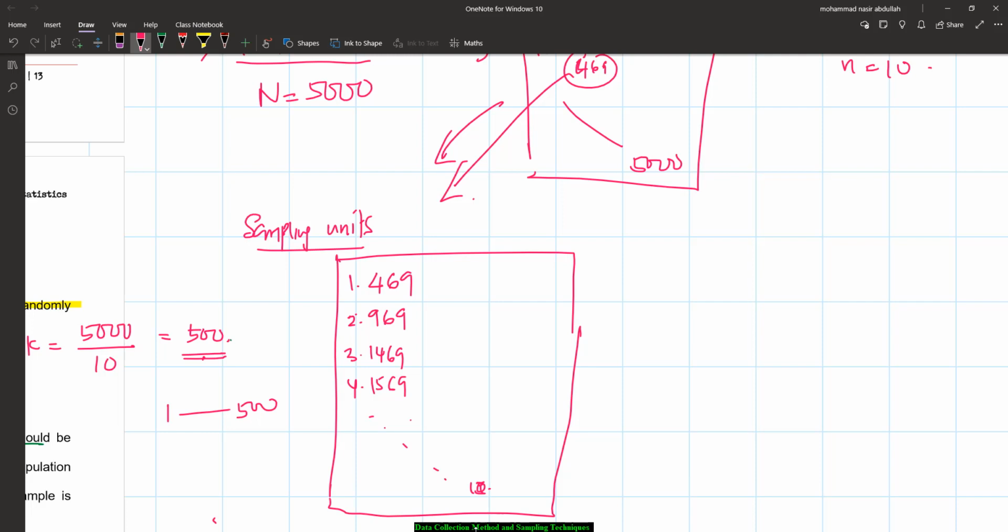For example, kita tunjuk sampai habis. Let's say number 5 is 1969. Sorry, salah. This is 1969. This is 2469. And this number 6 is 2969.